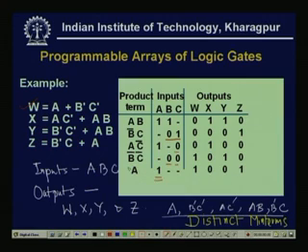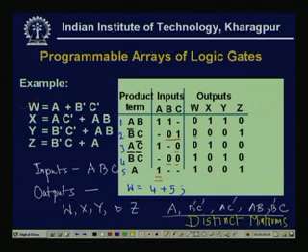If I mark these product terms as 1, 2, 3, 4 and 5, then W is 4 plus 5, this is 4 and 5 ORed. See, this is my OR plane.